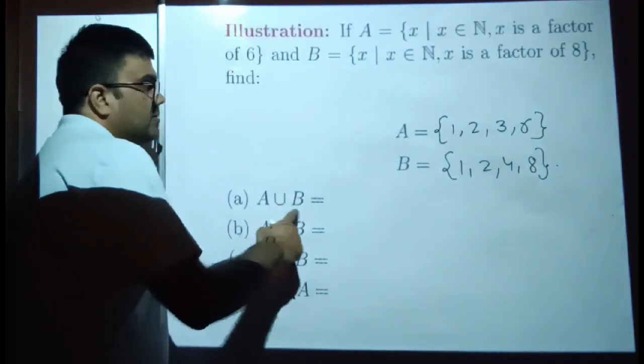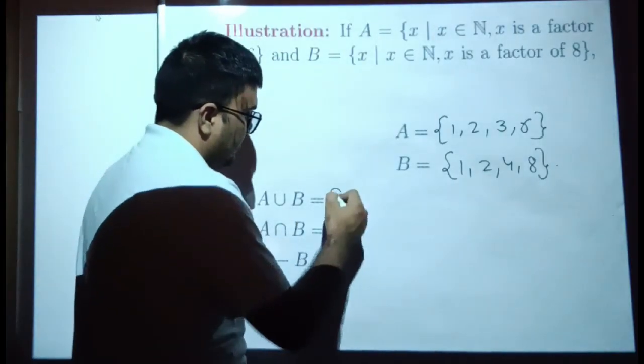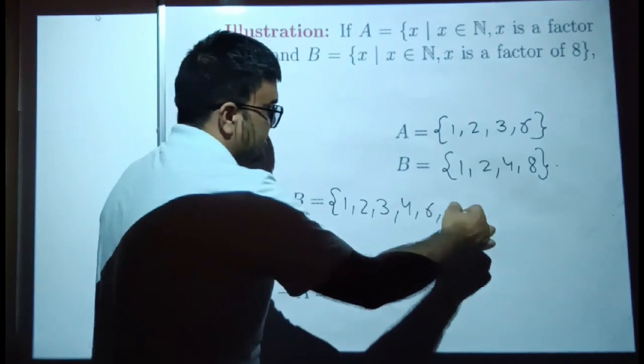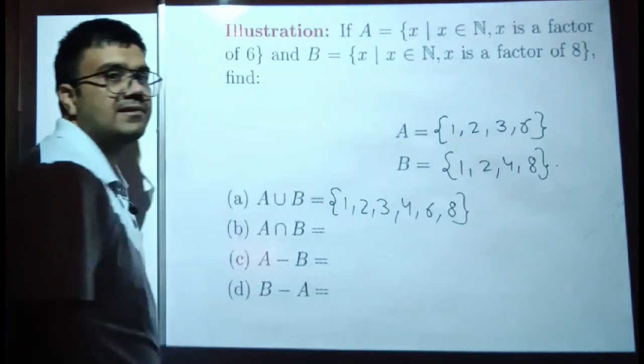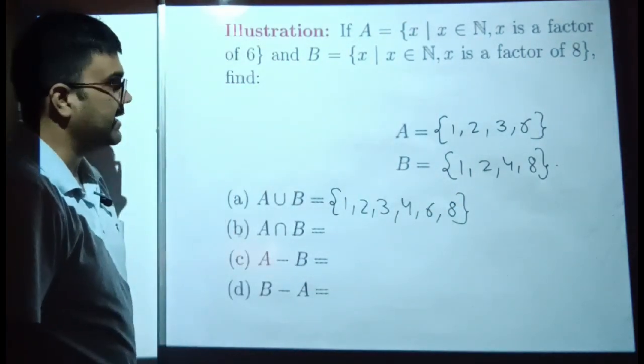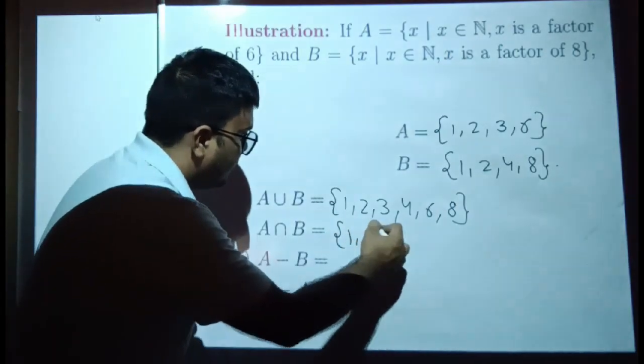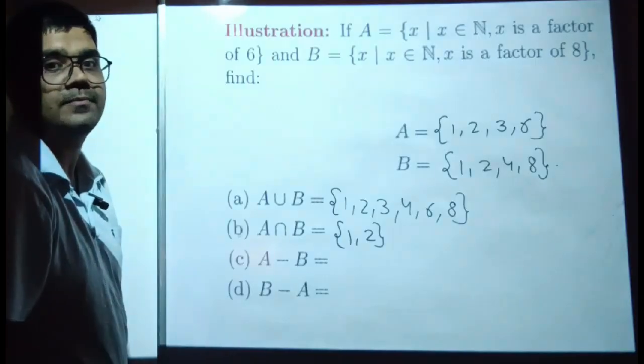We have to find A union B. That is 1, 2, 3, 4, 6, 8. This is A union B. We have to find A intersection B. The common elements we have over here are 1 and 2.